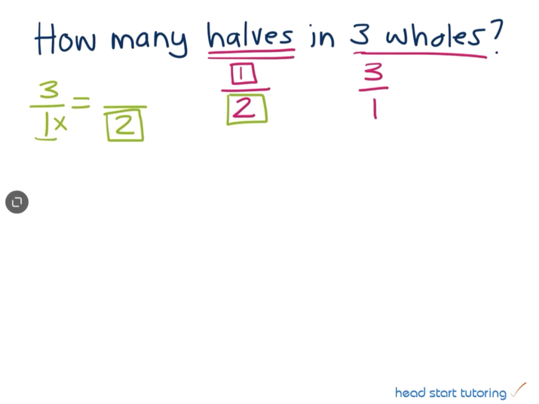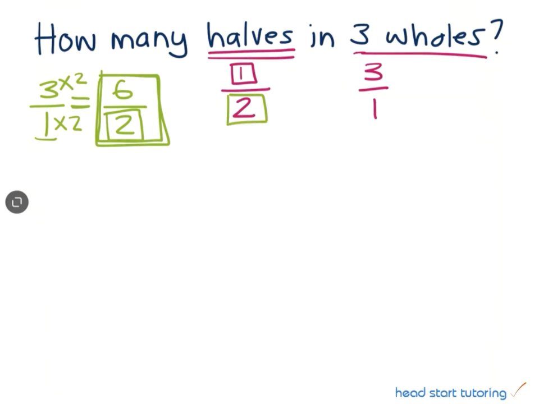To get 2, I multiplied it by 2. So I multiply my numerator by 2 as well to get 6. There are 6 halves in 3 wholes because these are absolutely equivalent to one another.